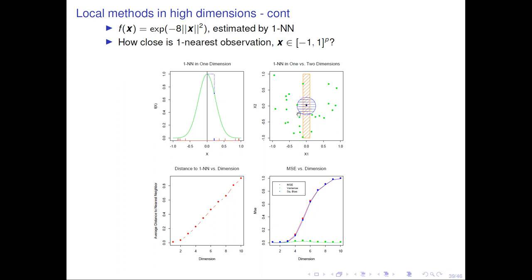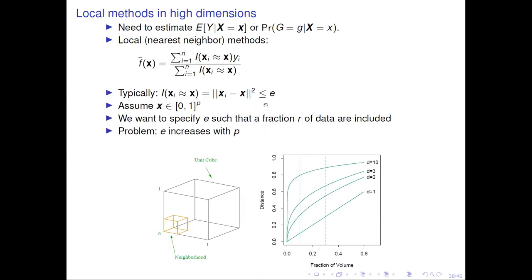And this blue circle is then the solution in that case. Note that the distance in this case is larger than in one dimension. So when we go from one dimension to 2 dimensions, we need to increase this E that we had on the previous slide.